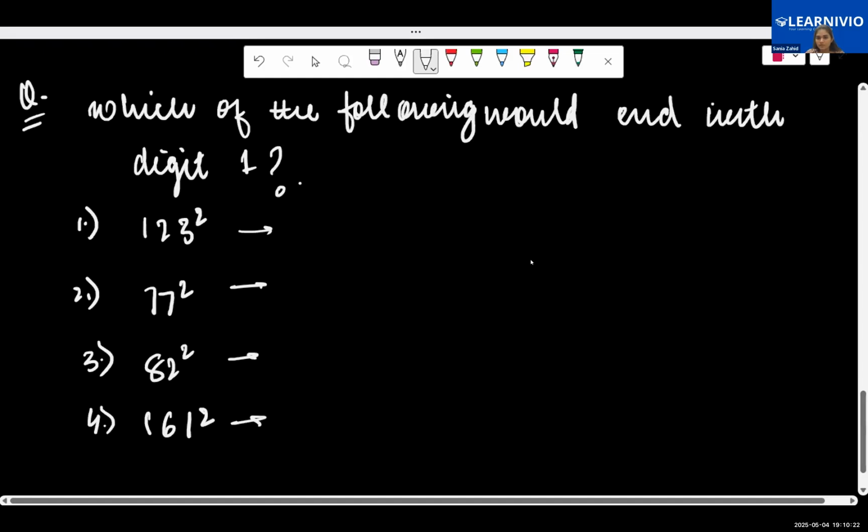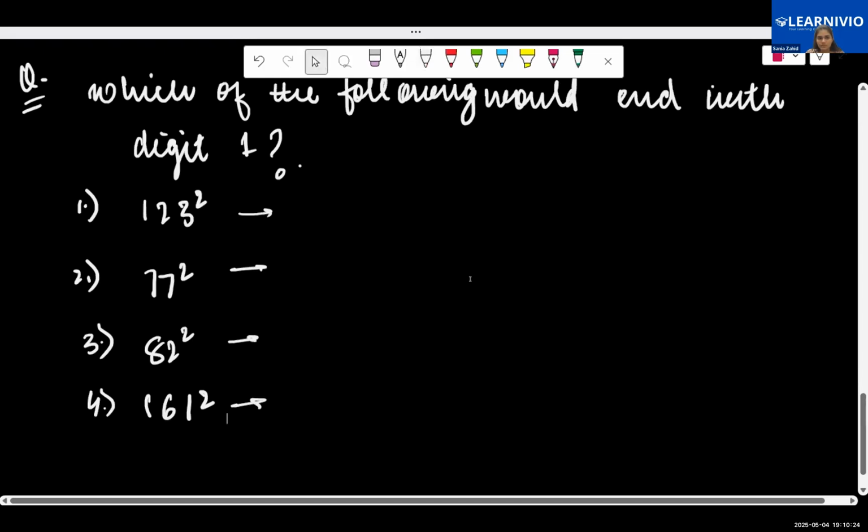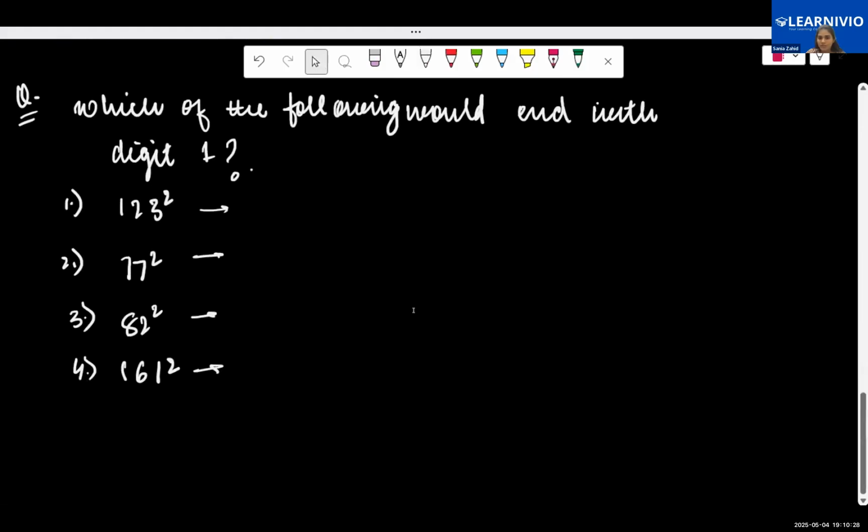Ma'am, the fourth one. What about the fourth one? 161 square. Ma'am, the fourth one would end in 1. Only the fourth one. Okay, let's also solve. Armin, what about you? Yes, ma'am, the fourth one, because 1 into 1 will be 1.